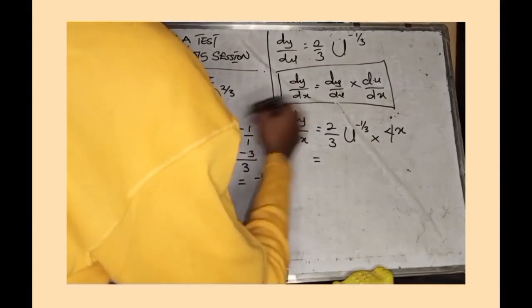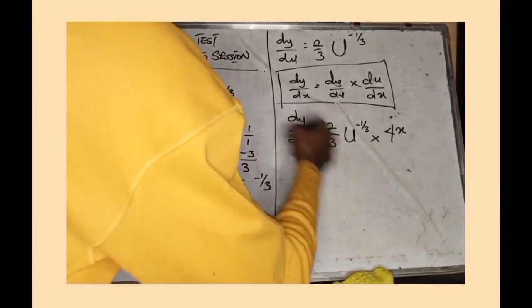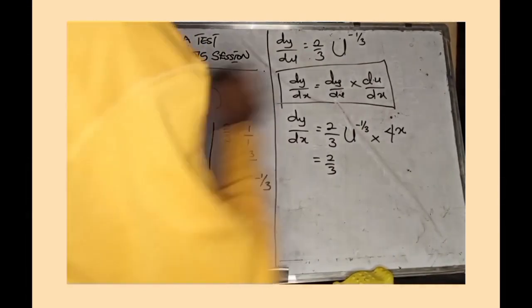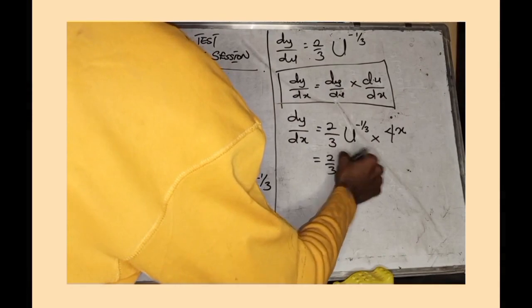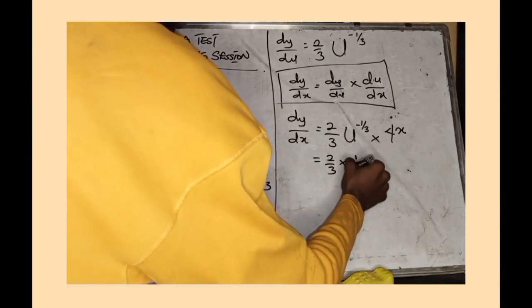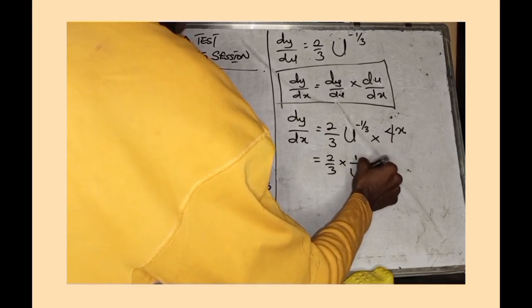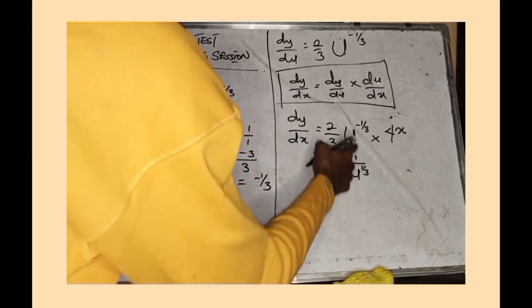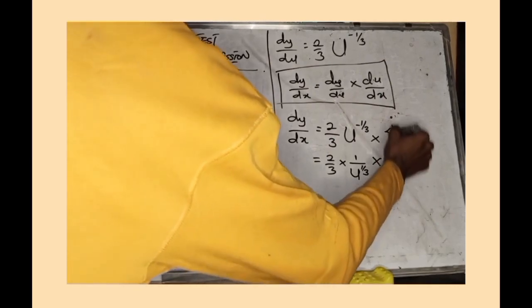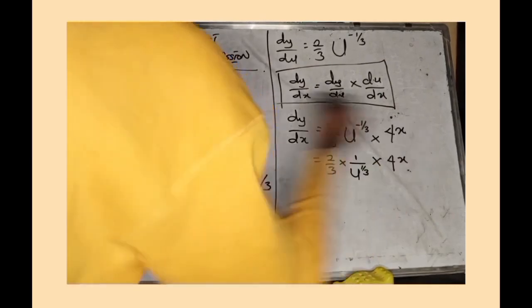This can still be written as 2 divided by 3, then multiplied by 1 all over u to the power of 1/3. You see here I applied the law of indices. Then multiply by 4x.